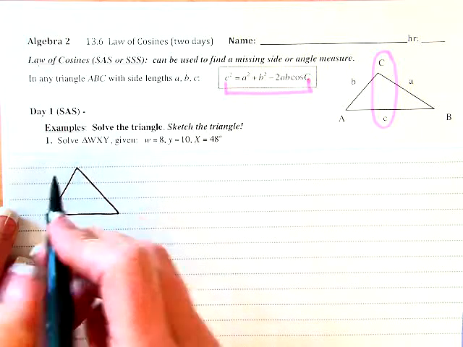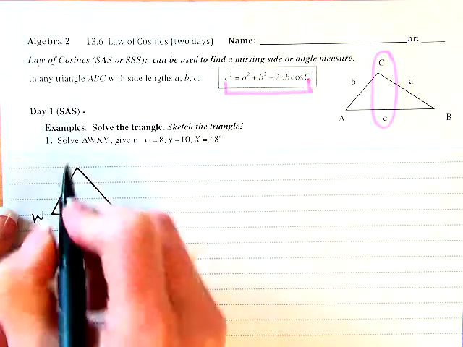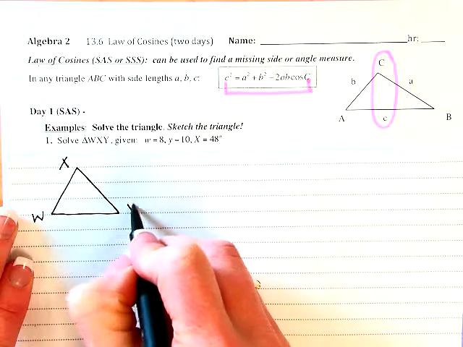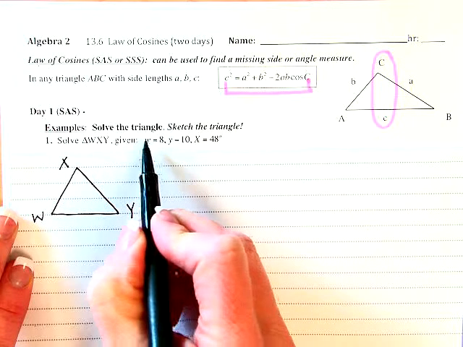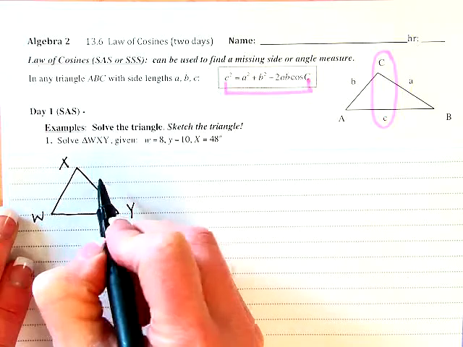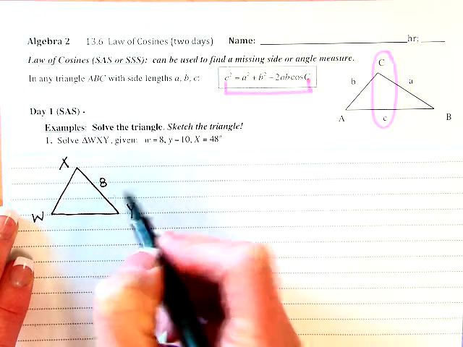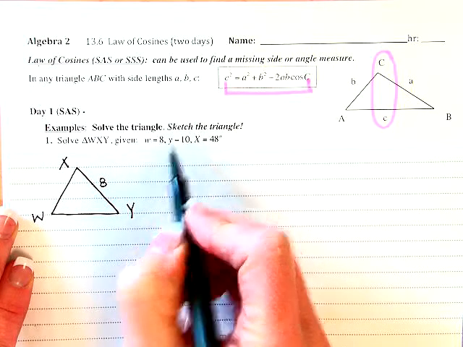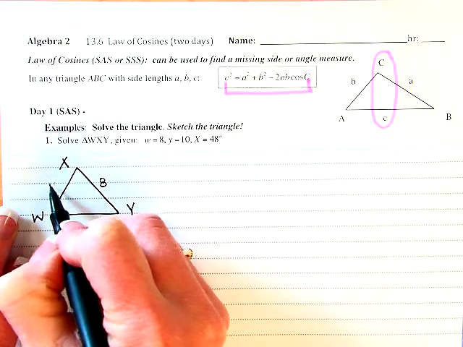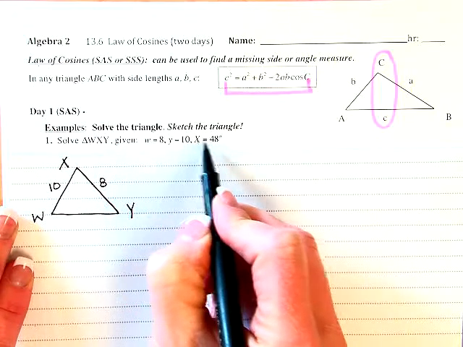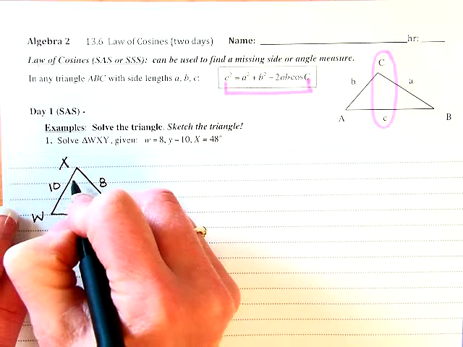So I'm just going to call it triangle W, X, and Y. Super important that you label. Now, this says that little w is 8, so across from angle W is side 8. And then this says that side y is 10, so across from angle Y, we have side 10. And then we're given that angle X is 48 degrees.